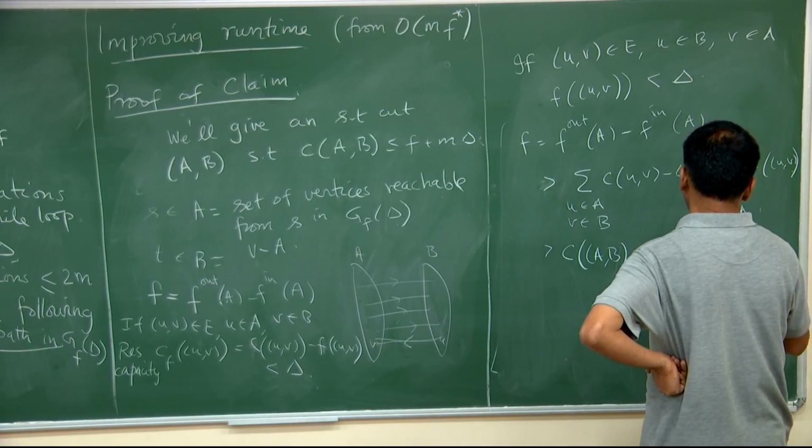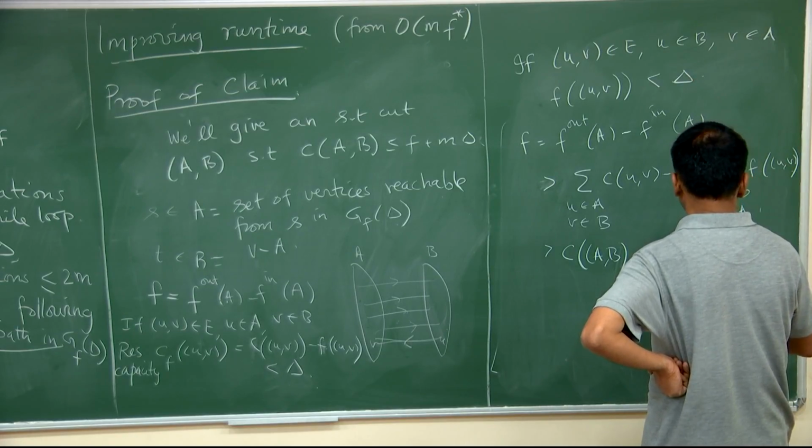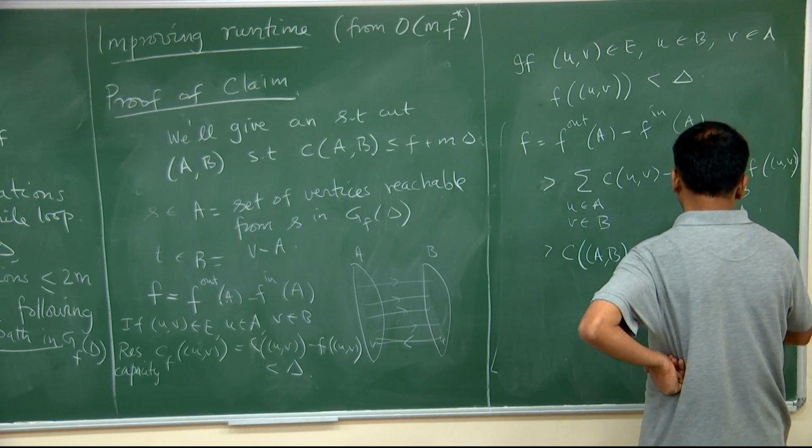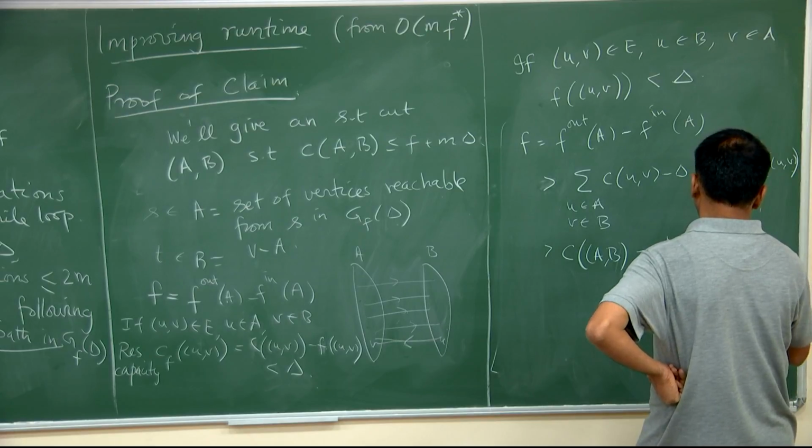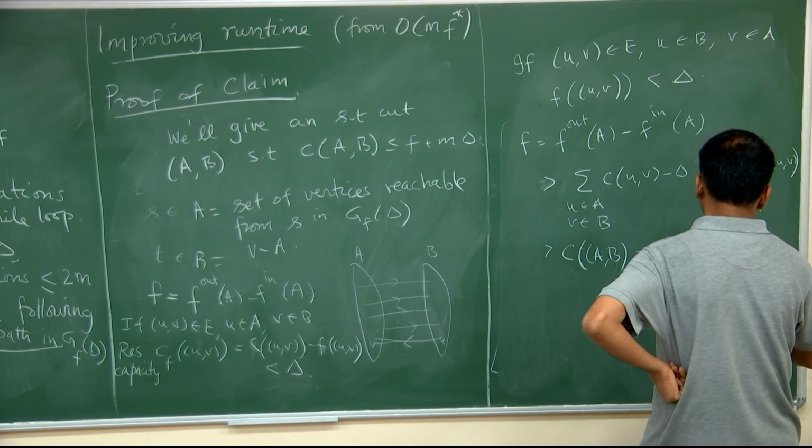Summation over U in A, V in B, basically UV across AB.